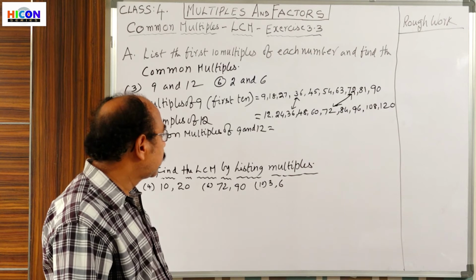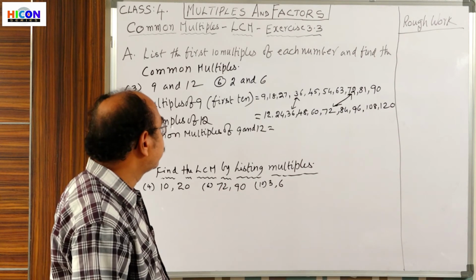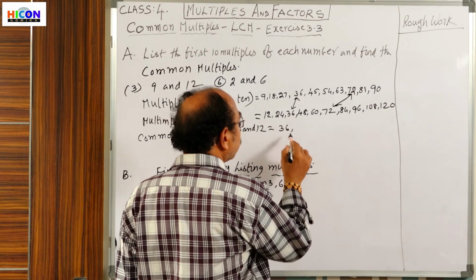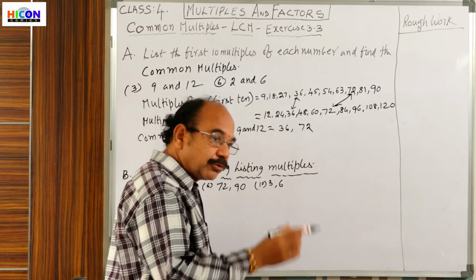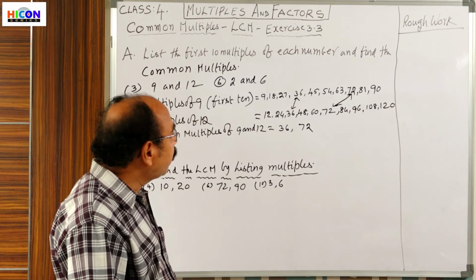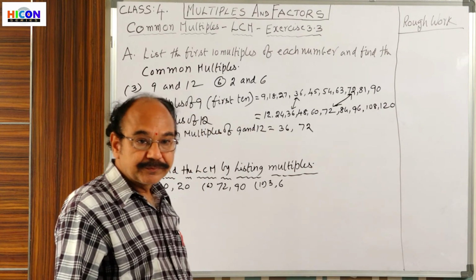These are the common multiples: 36, 72 and so on. Writing of multiples has no limit, there is no ending.